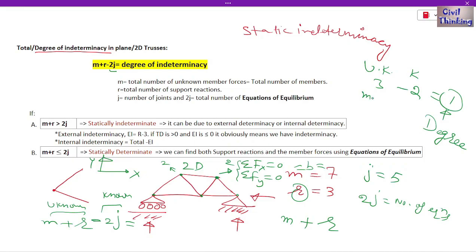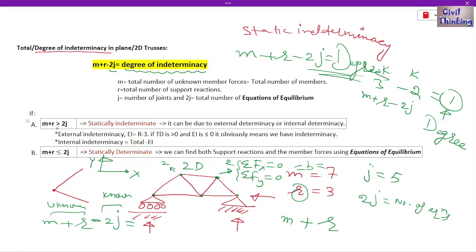We get m plus r minus 2j. If it is 1, for example, whatever, that is the degree of indeterminacy. So you have to remember this formula, m plus r minus 2j, it gives us the degree of indeterminacy. I have already explained it.